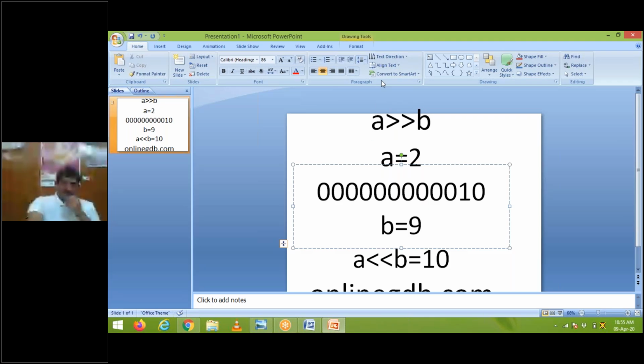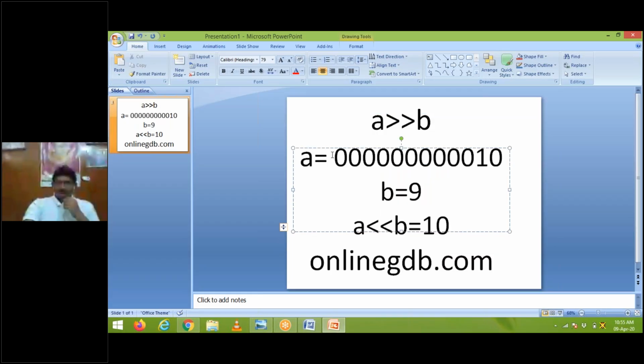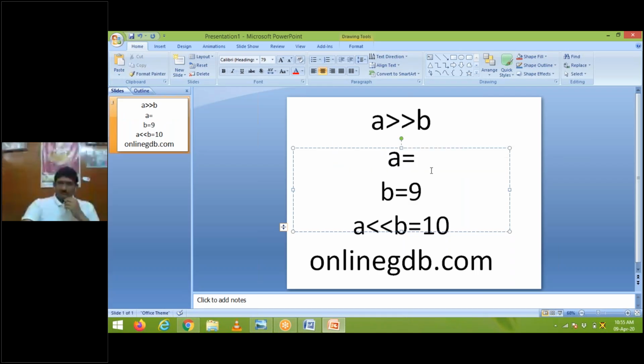Okay, these are very important for the next topics, that's why I'm giving revision. Here I'm giving a value 4, b value 2. What is the purpose of right shift?